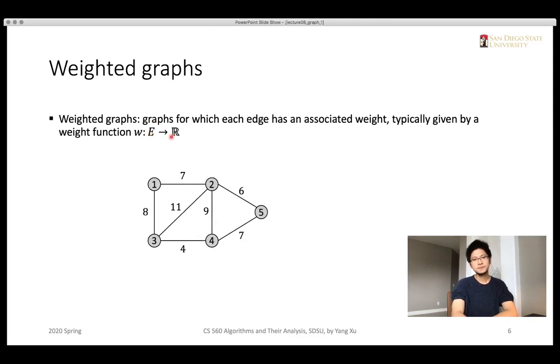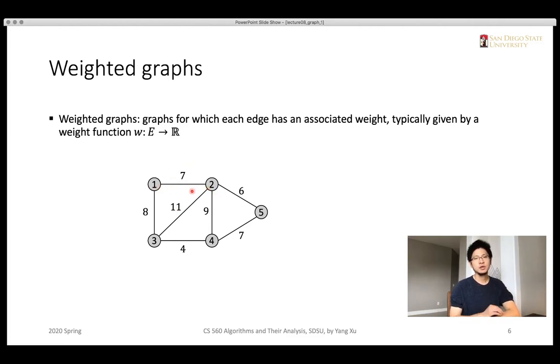Okay, so the weights in this example are indicated by the numbers above the edges. The edge between vertex 1 and 2 has a weight of 7.